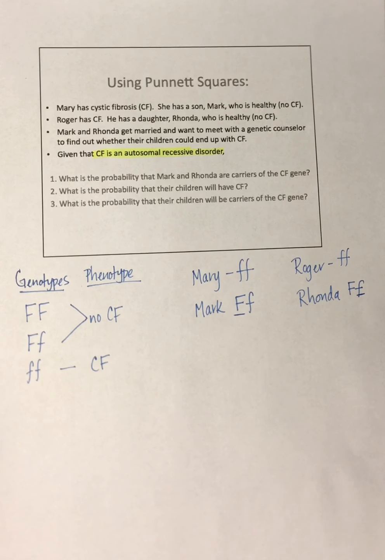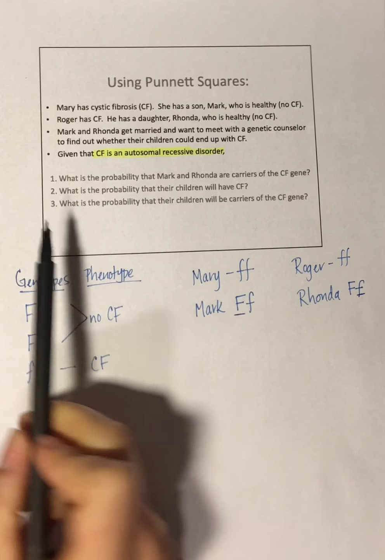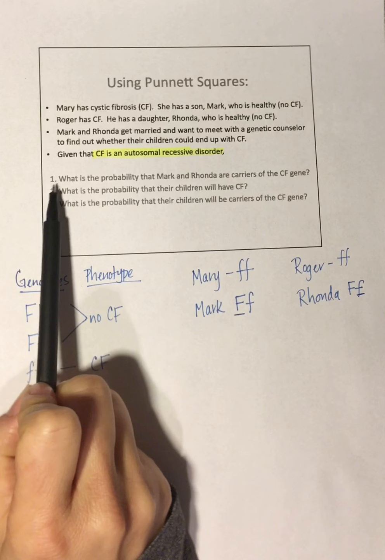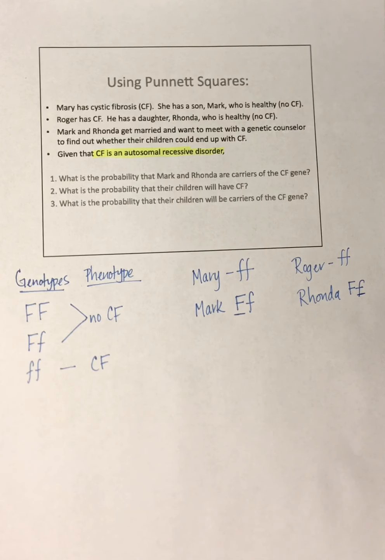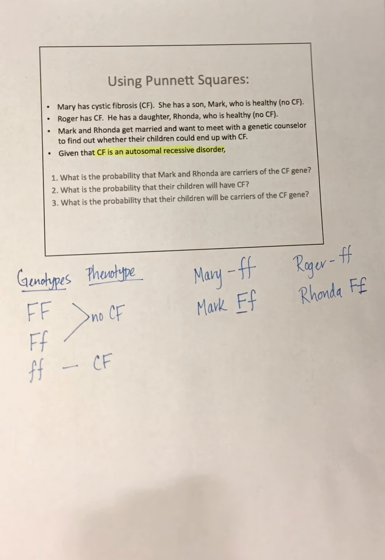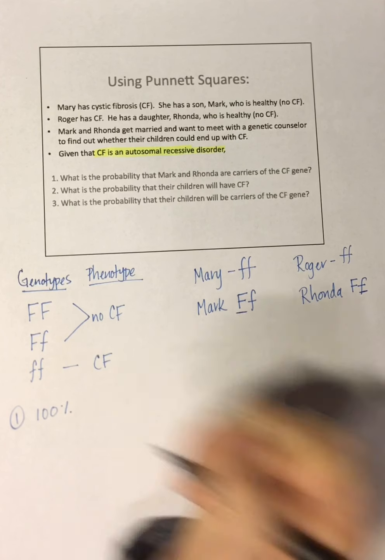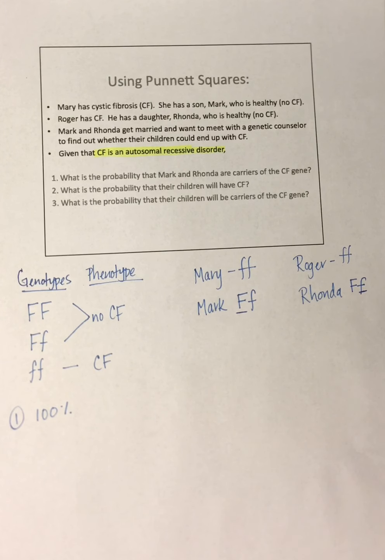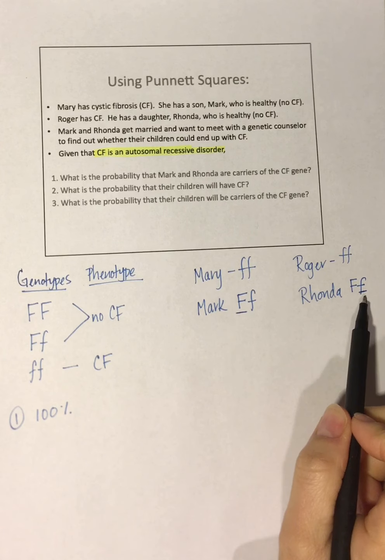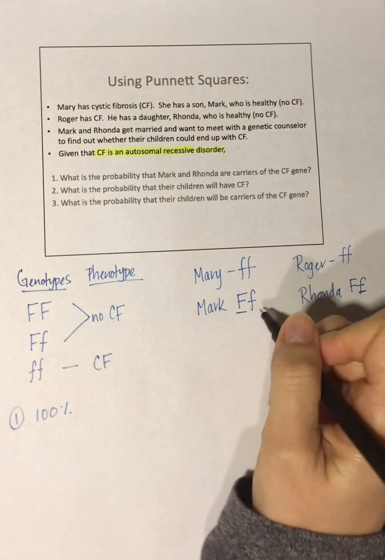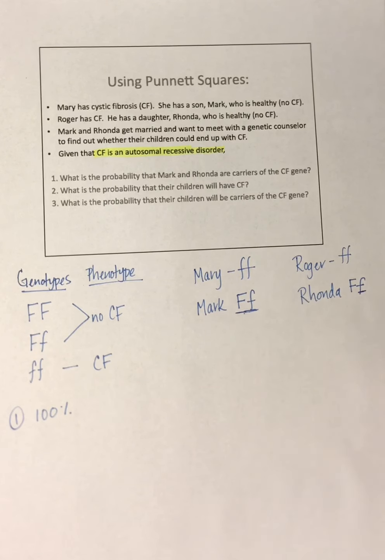Now that we've pulled all that information, let's go back to the question. Question number 1, what is the probability that Mark and Rhonda are carriers of the cystic fibrosis gene? Well, that is 100%. We know that they are carriers, right? They are both heterozygotes, which means they both carry that recessive allele.